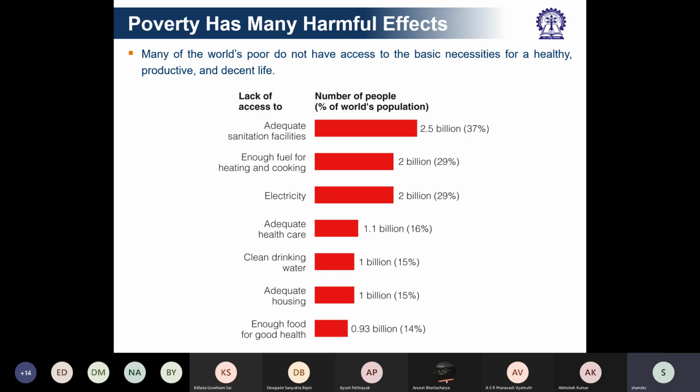Now, the good news is that the number of people living in extreme poverty has actually decreased by 500 million since 1981. But still, the number of people living in extreme poverty is significantly high.